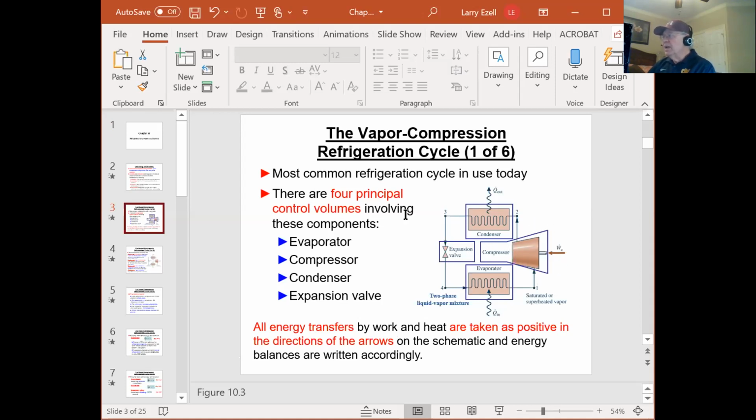So in this refrigeration cycle, it shows work into the compressor, positive going in. So we'll use that. Q coming out of the condenser shows positive coming out, and Q going to the evaporator shows positive coming in. I don't like to do it like that, but that's the way the book does. And again, I don't think you're going to be confused. I'm going to try to make sure you're not. But there are the 4 components.